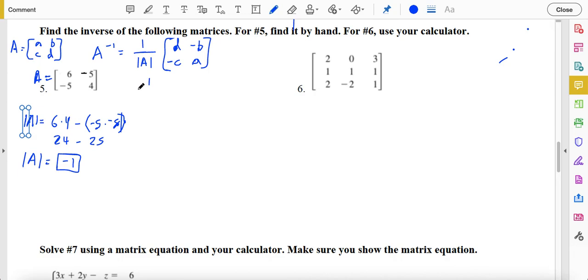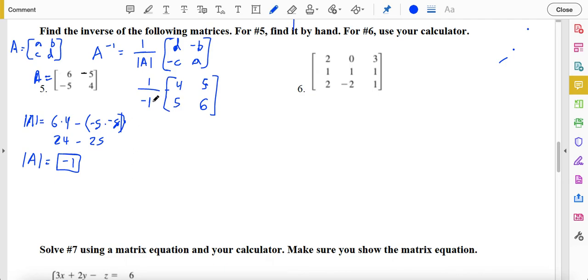So I've got 1 over negative 1 times this following matrix. So I swap the A and the D. So I swap 6 and 4, so it becomes 4 and 6 instead of 6 and 4. All right, and then these both get negated. So if they're already negative, I make them positive. So positive 5, positive 5.